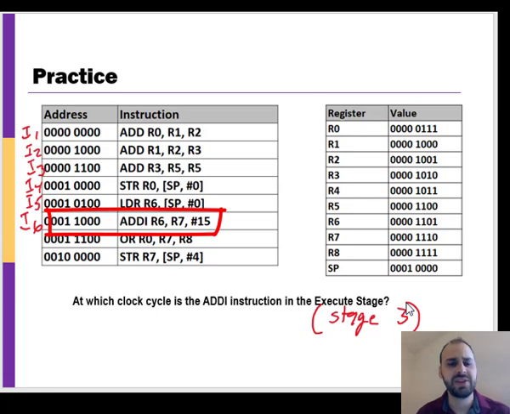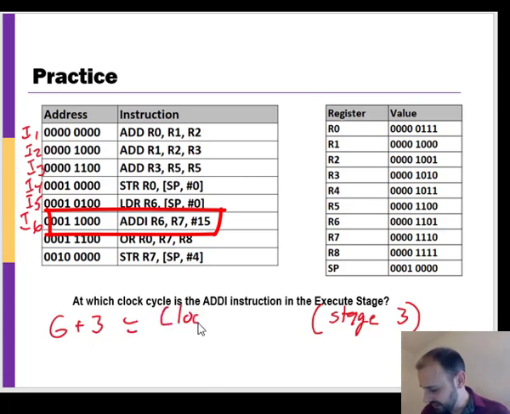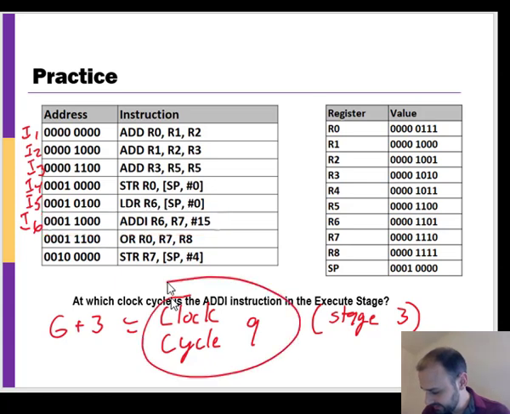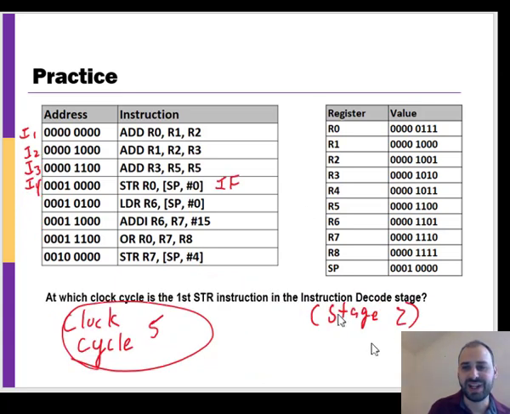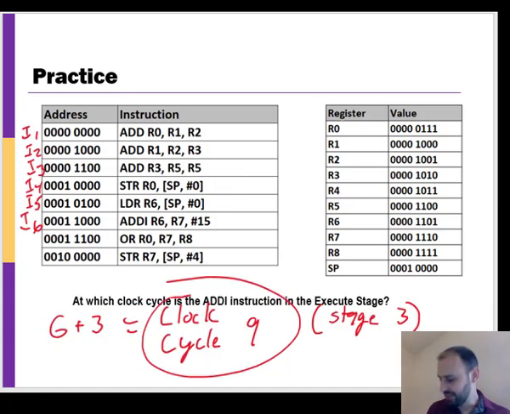So the answer is going to be our 6 plus 3. So we're going to say it's clock cycle 9. I'm sorry, it's actually going to be clock cycle 8, because just like how here, stage 2 is just one more.